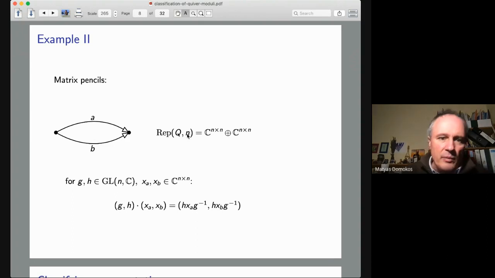There is a typo here, so this should be (n, n). It's again the space of pairs of n by n matrices, but the action of the group is different, and it's the direct product of two copies of GL_n, and here is the rule for the action.